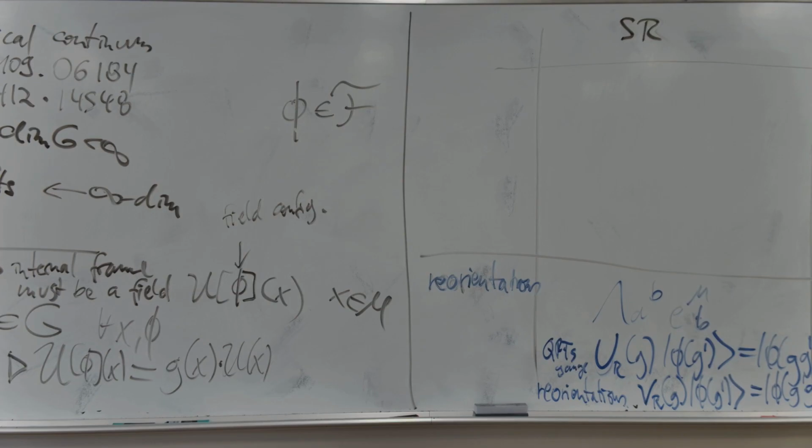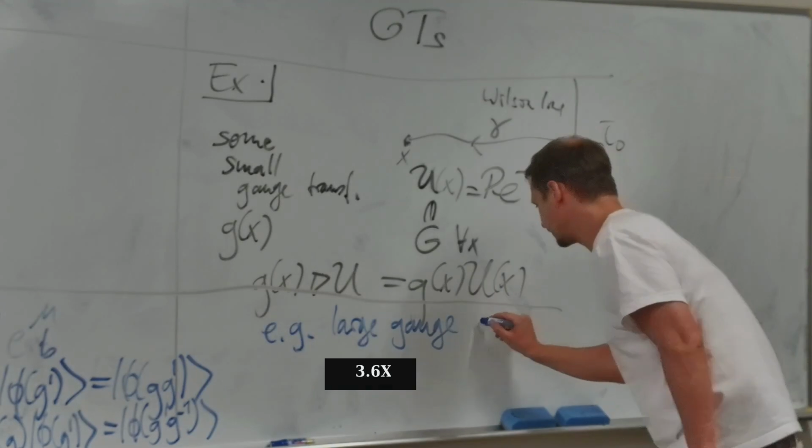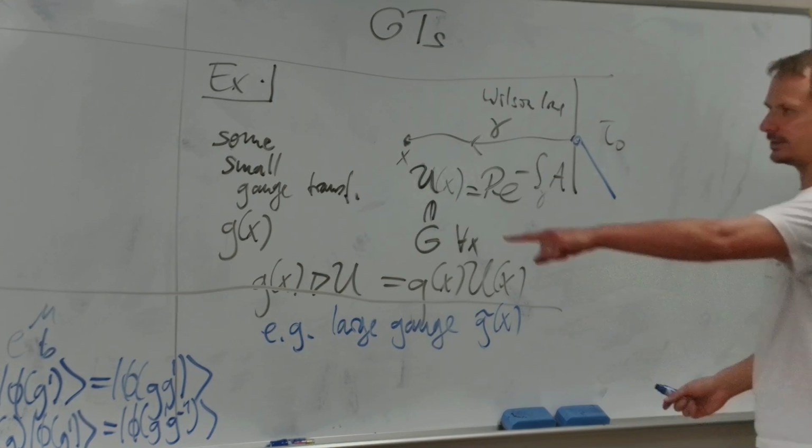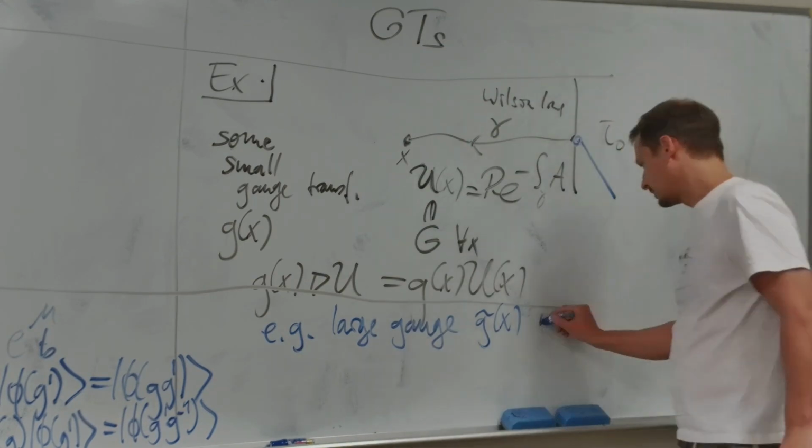And so what's the analog now of frame orientations here? There's many ways in which you can realize them, but one way is you do an asymptotic transformation, a large gauge transformation. So if I do a large gauge transformation with zero support on X, let's call them G tilde of X, so it's not in that group there.